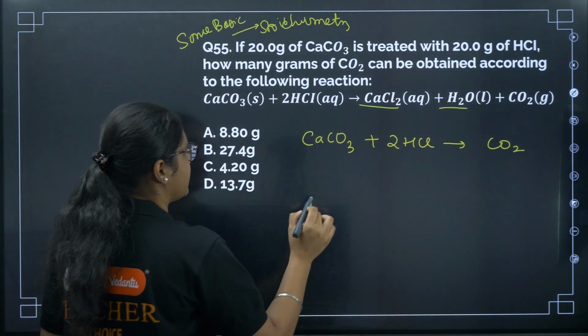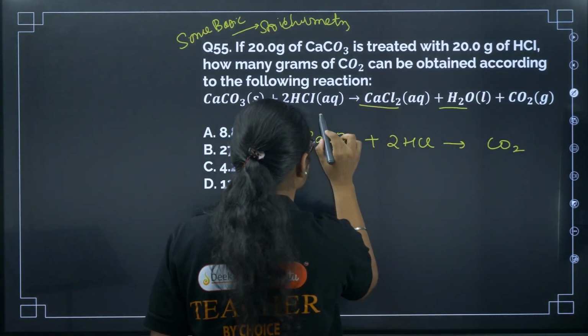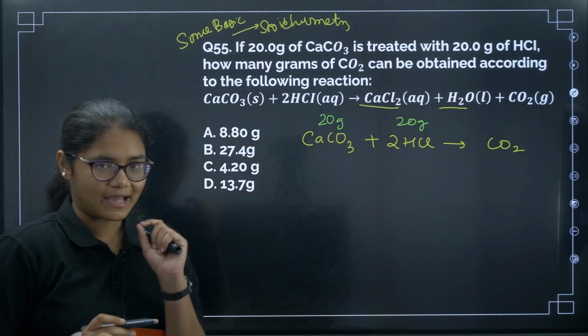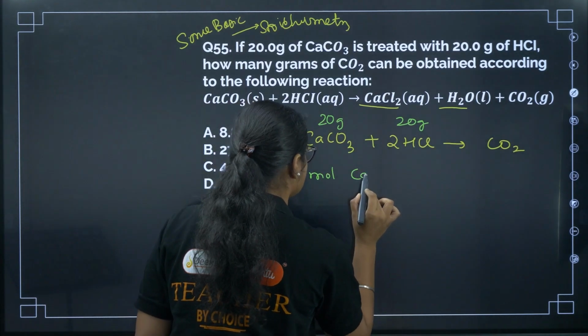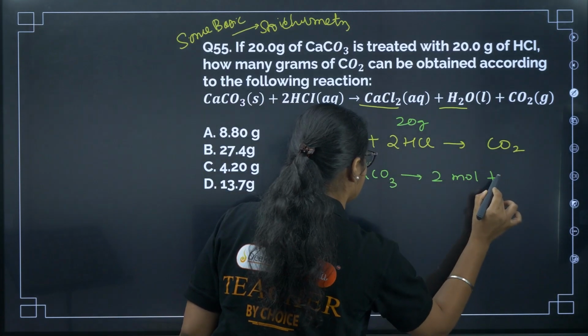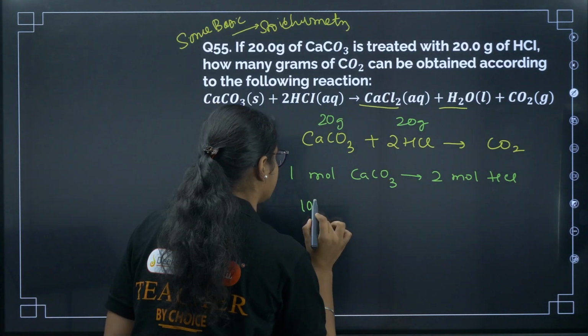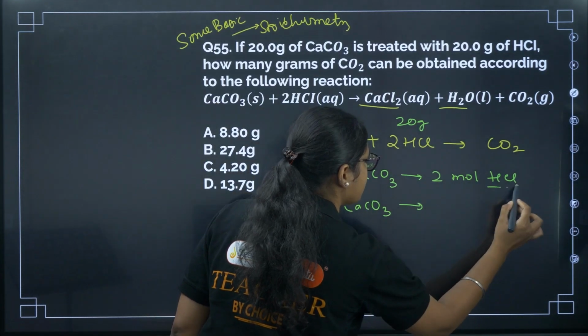So when you see 20 gram, how much is the mass of calcium carbonate given? So this is 20 gram and this is also 20 gram. Now according to the balanced equation, 1 mole of calcium carbonate reacts with 2 moles of HCl. If I talk in terms of mass, 1 mole of calcium carbonate is 100 gram. So 100 gram of calcium carbonate reacts with 2 moles of HCl.